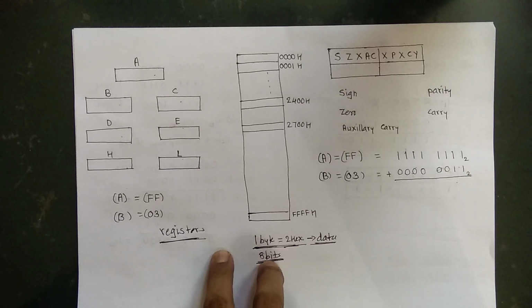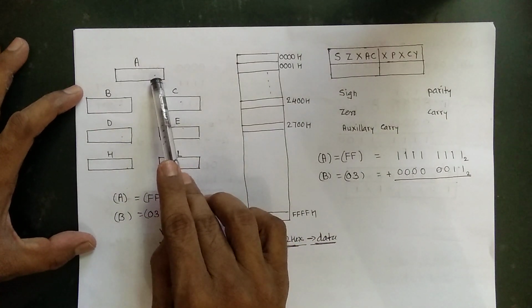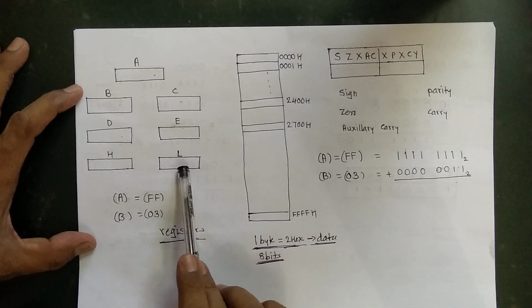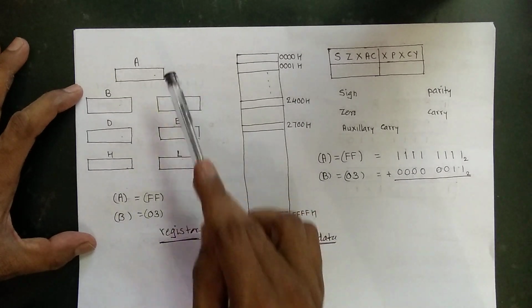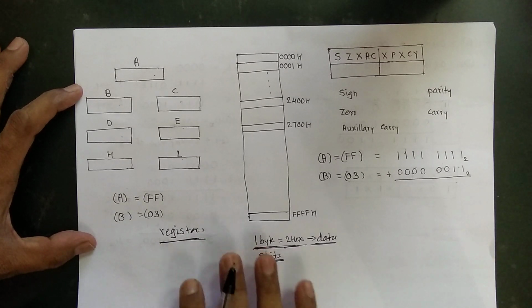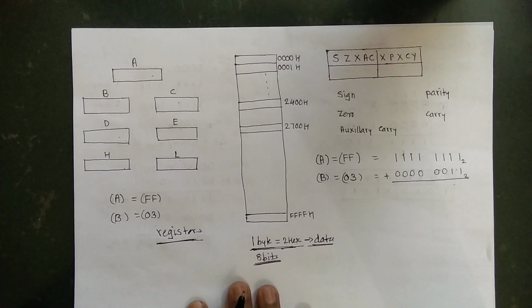The names of the registers are A, B, C, D, E, H and L. A stands for accumulator. All arithmetic and logical operations take place in the accumulator. That part we are going to study afterwards, but just remember that all arithmetic and logical operations in 8085 take place in the accumulator.